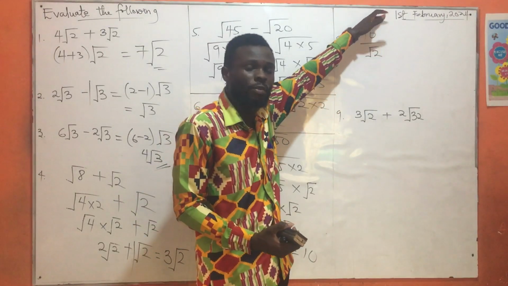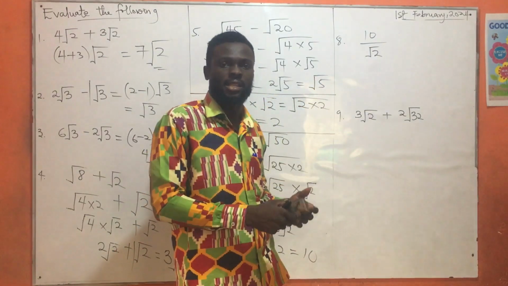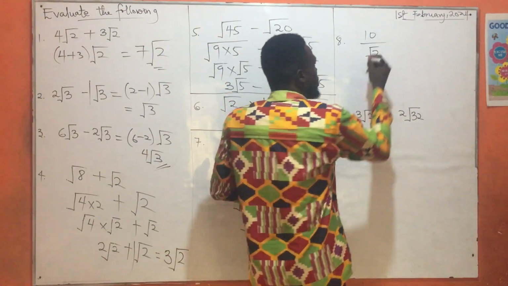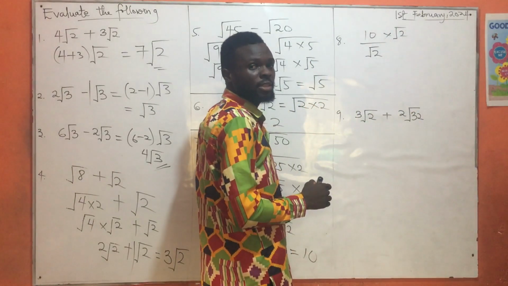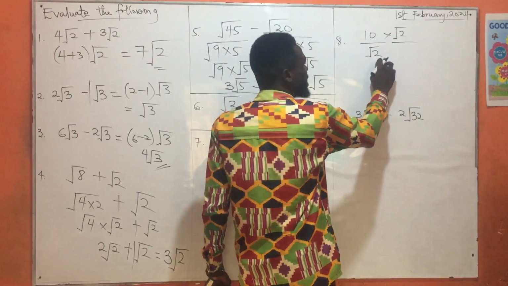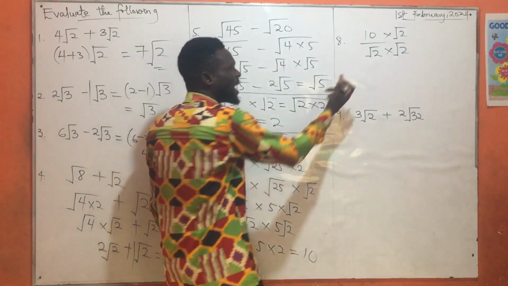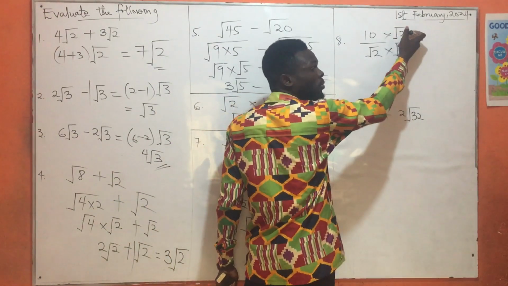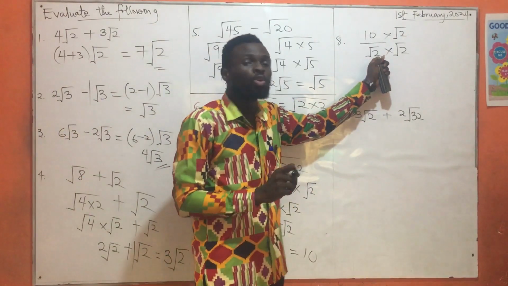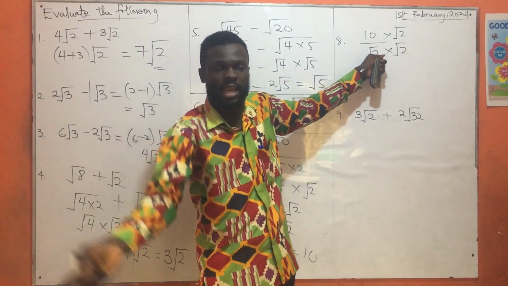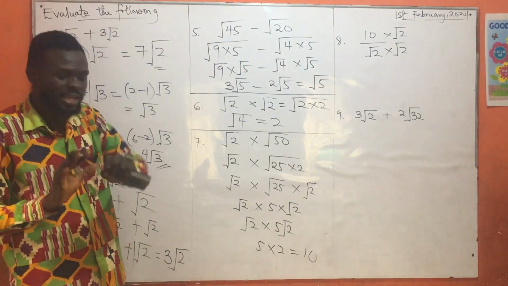Multiply the numerator of this fraction by the surd and multiply the denominator also by the surd. So we are going to multiply the numerator by surd 2 over surd 2 for the denominator too. The surd 2 will multiply the numerator, and the surd 2 will multiply itself. The reason is that we are not to let the denominator be a surd, so we are going to solve it in such a way that the denominator will not be a surd.